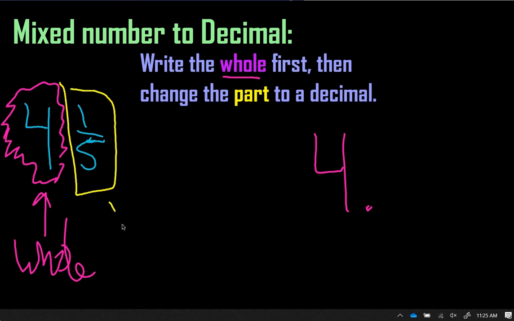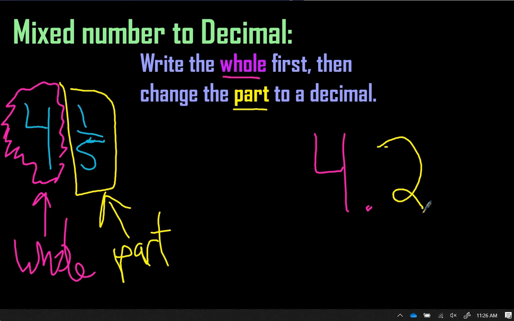So you have to convert just like we did before, and 1/5 is 0.2, so you'd write 0.2. Make sure you're seeing that the whole thing is going to be 4.2.